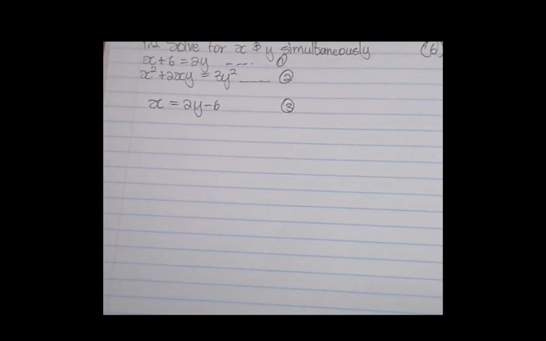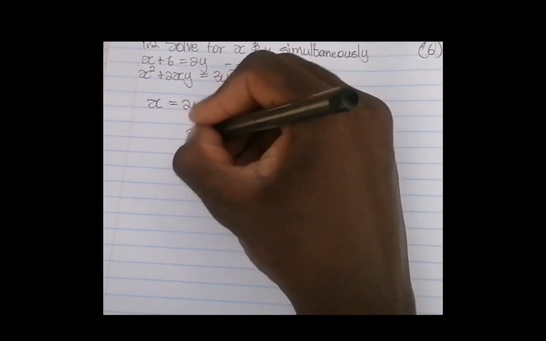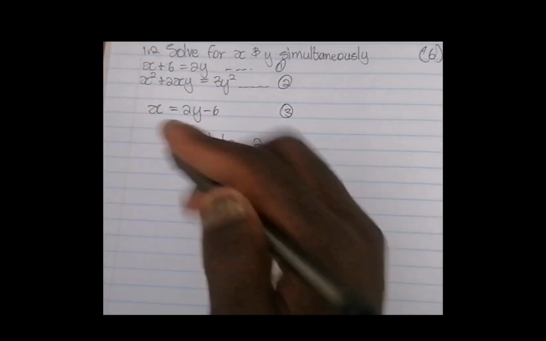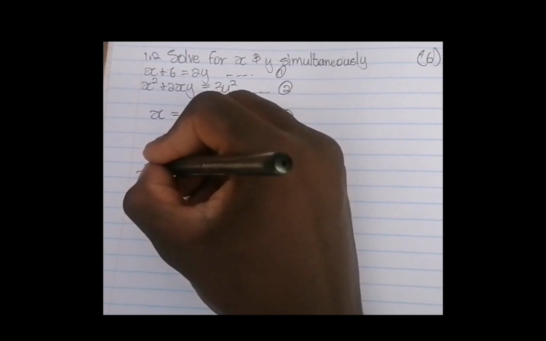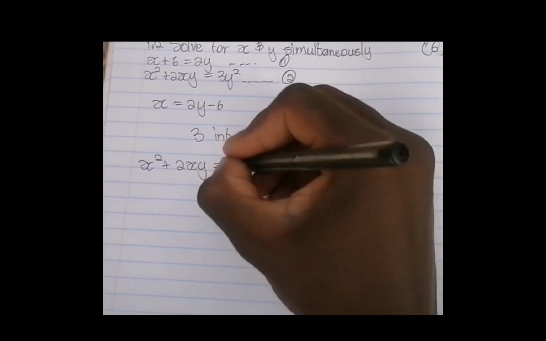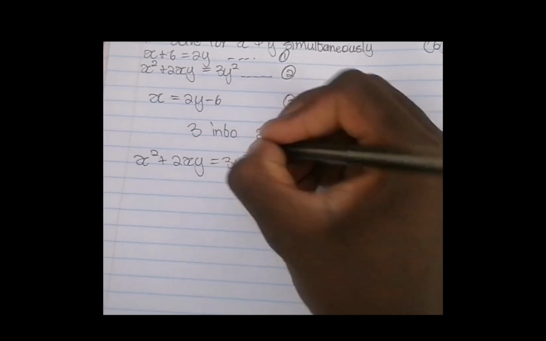You cannot go ahead and substitute it with the first equation, as this third equation was created out of the first equation. So you'll write 3 into 2, showing that you substitute it into 2. Now you'll write down the second equation, which says x squared plus 2xy equals 3y squared.